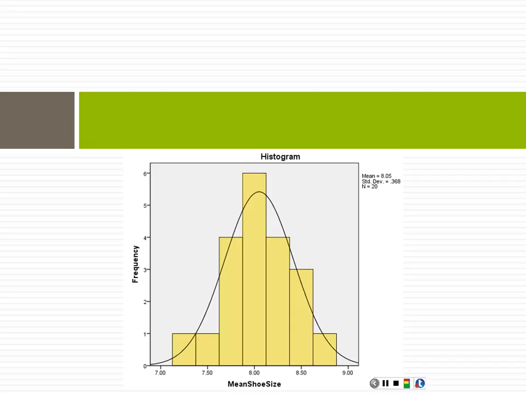So we know there's random fluctuation. Is the fluctuation that we're seeing in our sample just random, or is it significantly different from the variation we see in the population? So that's what we're looking for when we look at statistical significance, right? Is this variability significantly different?